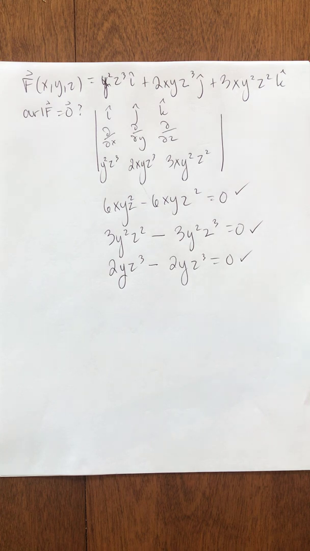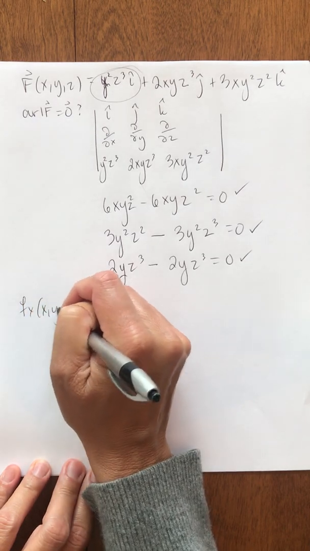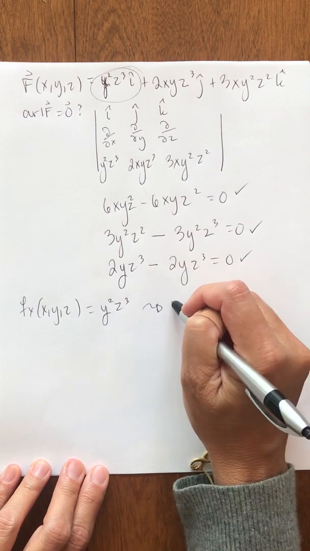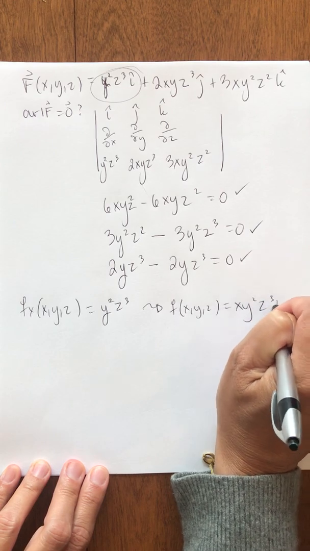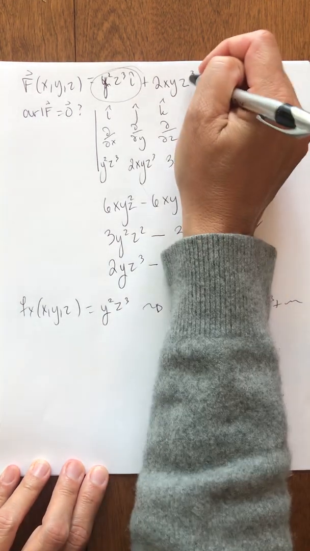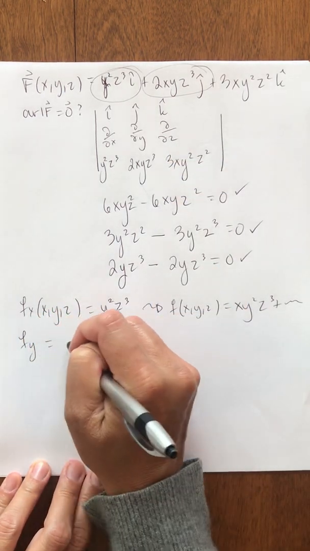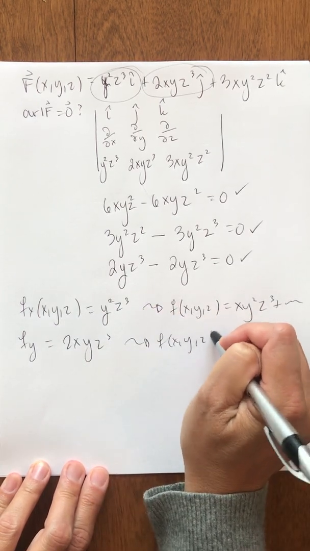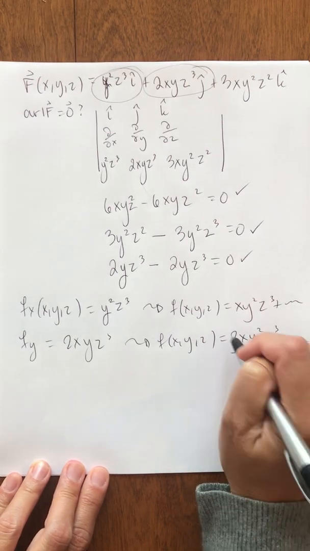Now, if I'm going to find a potential function f, that means that my derivative with respect to x is y squared z cubed. So I can integrate with respect to x, and f of x, y, z is x y squared z cubed plus whatever's on the end. I know that this is my partial derivative with respect to y, so if fy is 2xyz cubed, then f of x, y, z is 2x y squared z cubed all over 2.